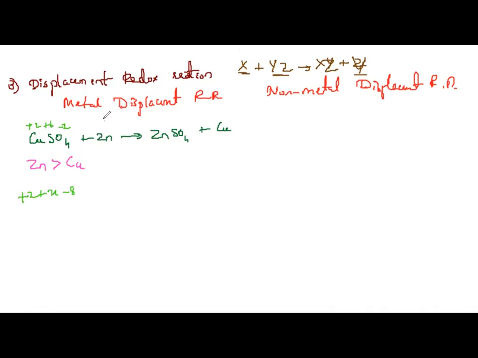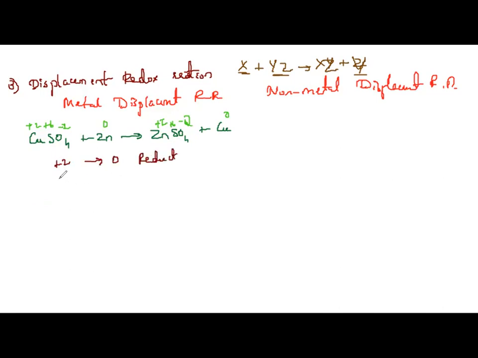Zn in elemental state is 0, copper in elemental state is 0. Here again it is plus 2, this is minus 2, so same thing, plus 6. What is happening? Observe here. Copper from plus 2 is becoming 0, so gain of electrons, reduction.